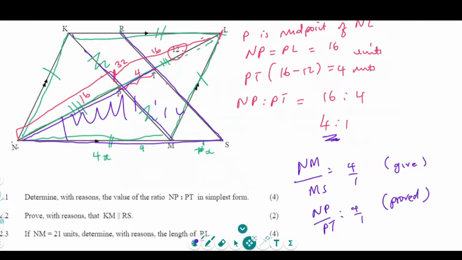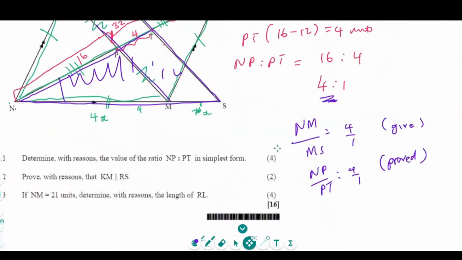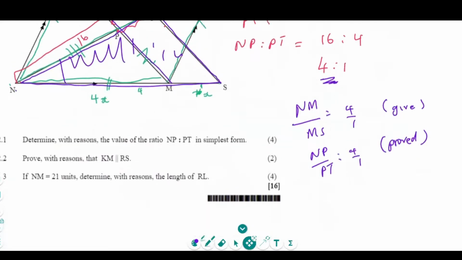Now, for as long as we have the ratios being the same, it simply makes this and this to be in proportion, or to be midpoints.